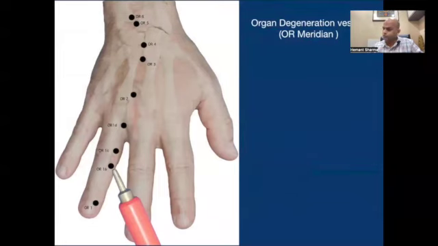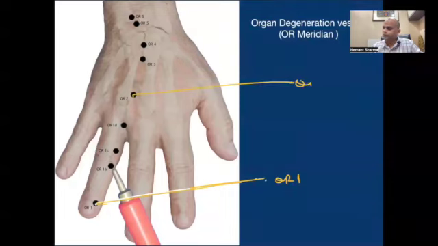So we can see here, this is OR1. The name of this point is OR1. We can see here, right? And this is OR2, organ degeneration number 2. Then OR3, OR4, like that. Then after some time, Dr. Voll found many other points.